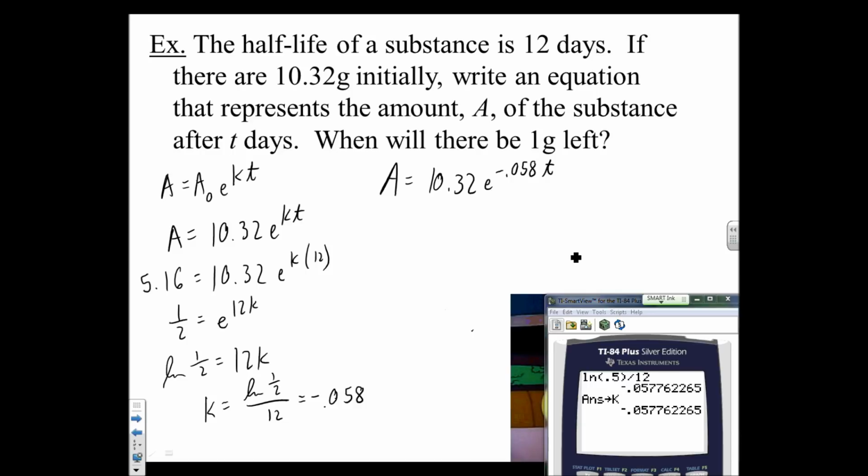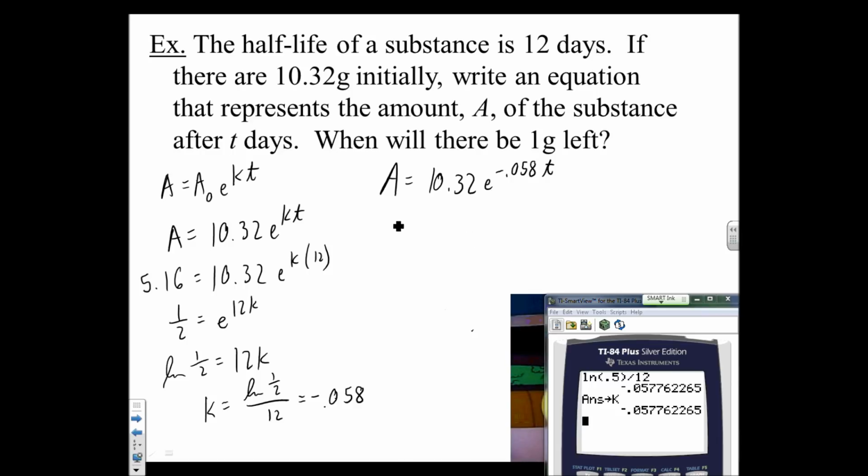The other answer is, okay, how much time has to pass before there's 1 gram left, and we'll get to that. Now, one other thing I want to point out is that it makes sense that we got a negative answer for K, because this is an exponential decay model, because the substance is decaying, which means that we would expect a negative power for that e.